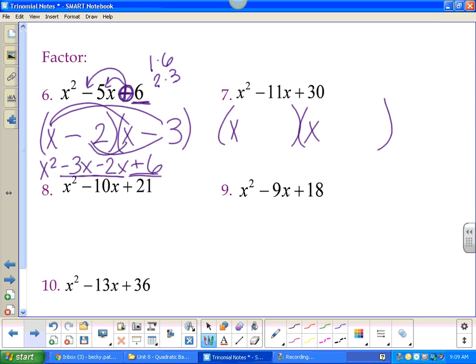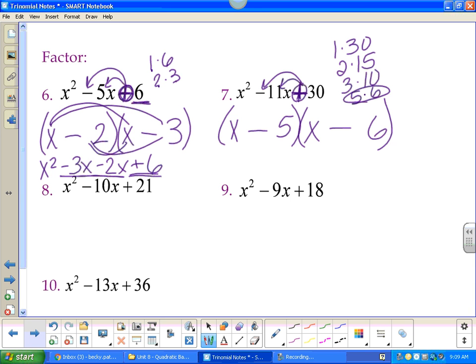X and x. I need the factors of 30 that will add to give me 11. 1 times 30, 2 times 15, 3 times 10, 4 doesn't go, 5 times 6. I want the ones that will add to give me an 11. 5 and 6. Signs are the same, and they will both be a minus.